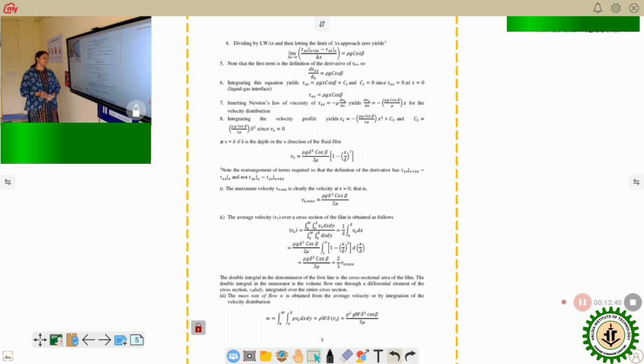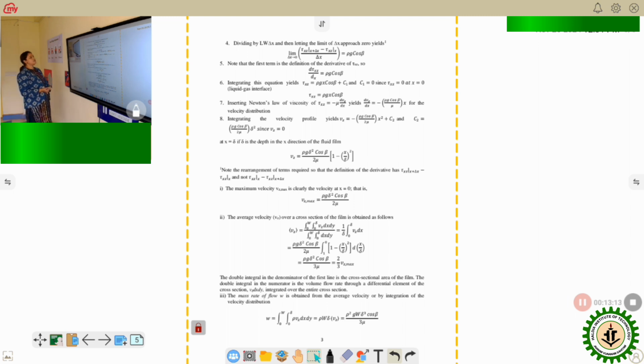So W equals integration 0 to W and integration 0 to delta of rho Vz dx dy, which equals rho W delta times Vz average. Putting the value of the average velocity Vz here, finally we got rho square g W delta cube into cos beta divided by 3 mu.